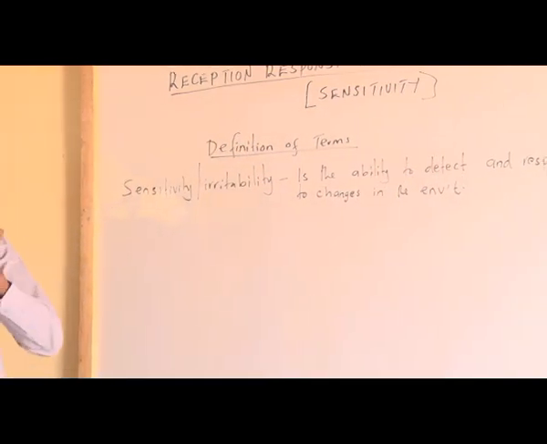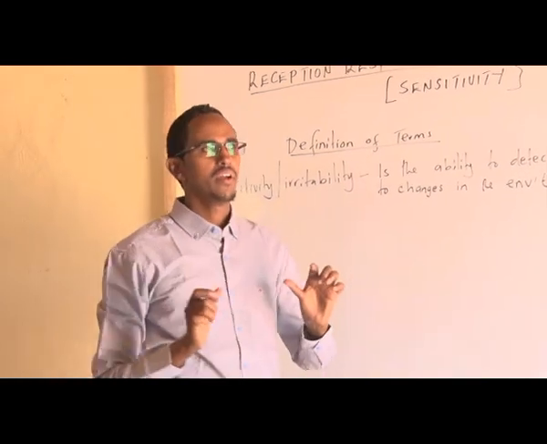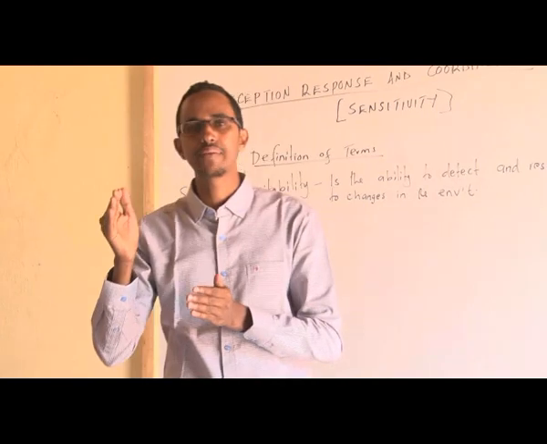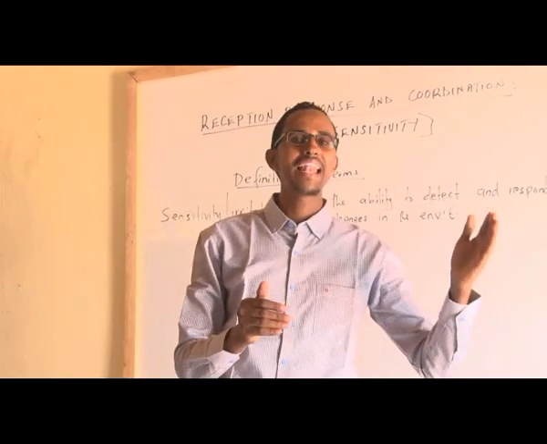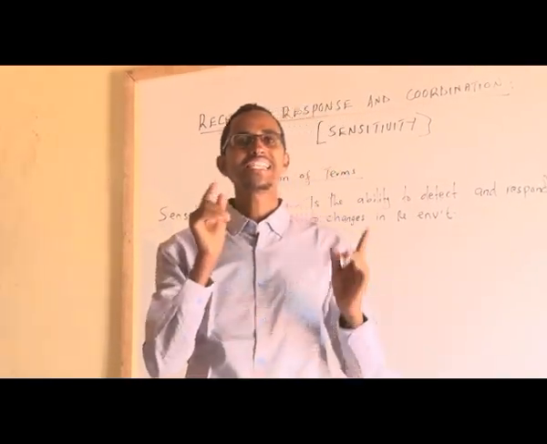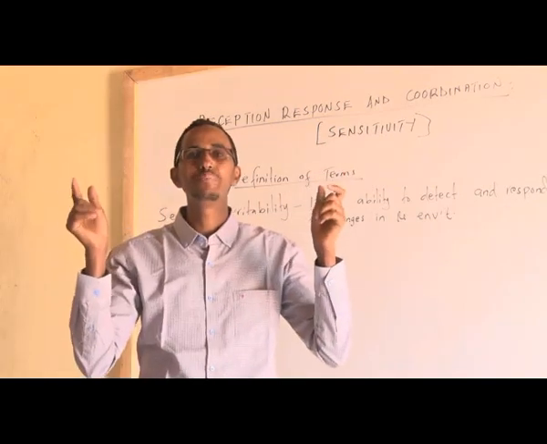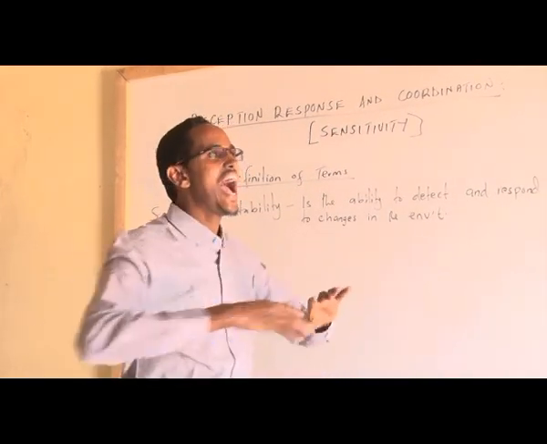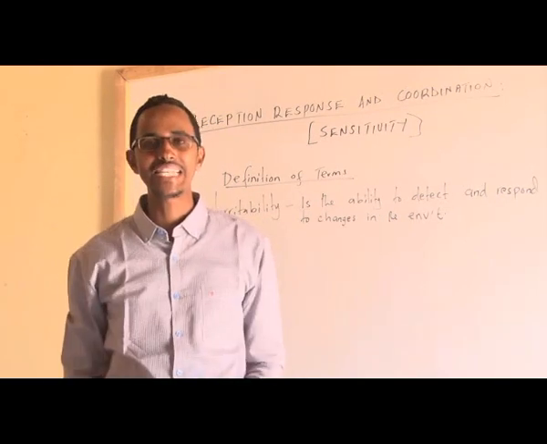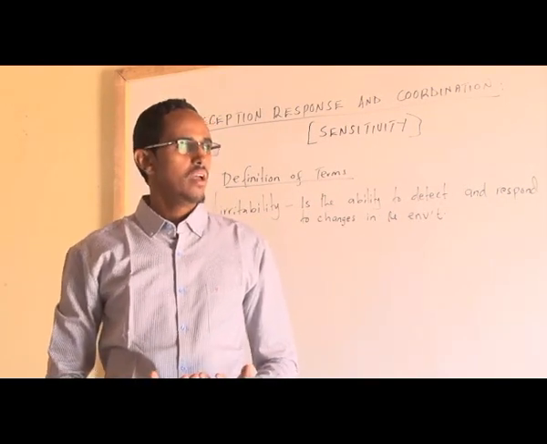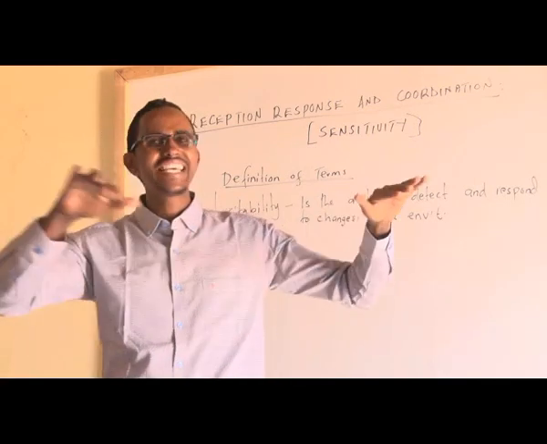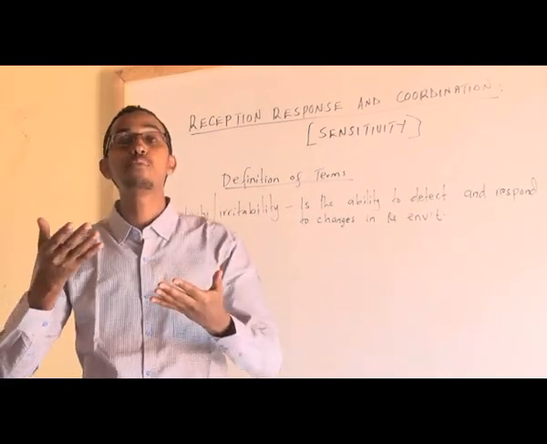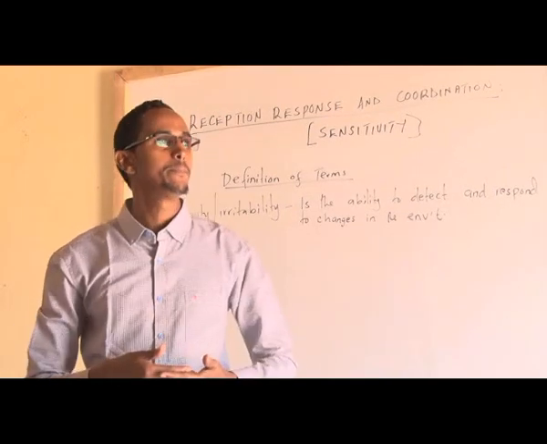One of the characteristics of a living organism, one of the distinguishing features of a living organism from a non-living thing, is sensitivity or the irritability part. Irritability is where living organisms are aware of what is happening in their surrounding. If there are changes in the environment, the change could be thermal change or change in temperature.